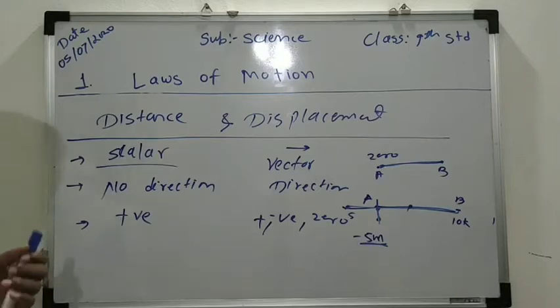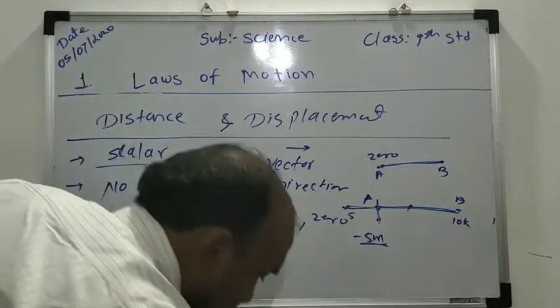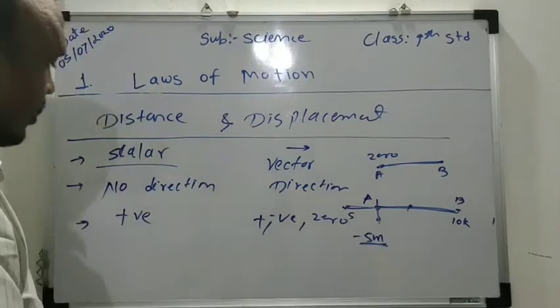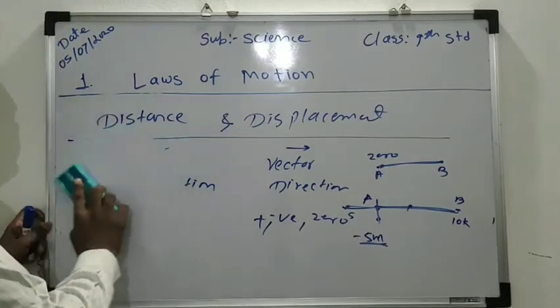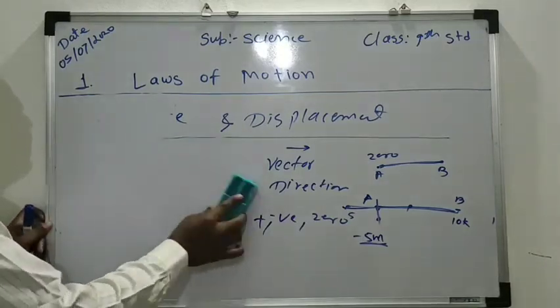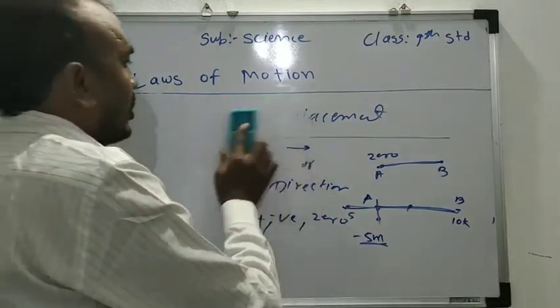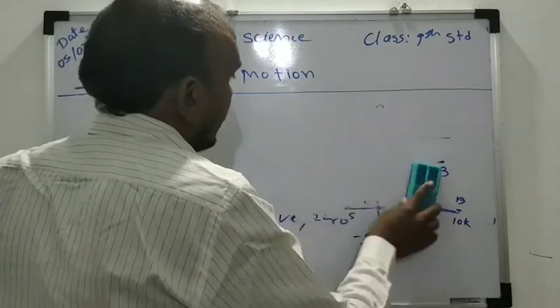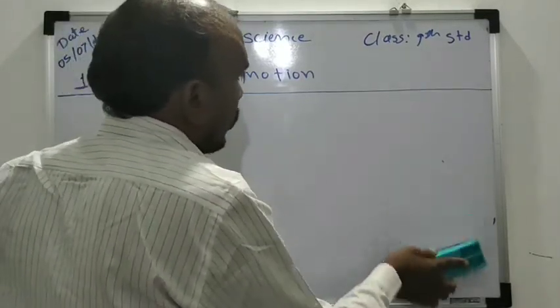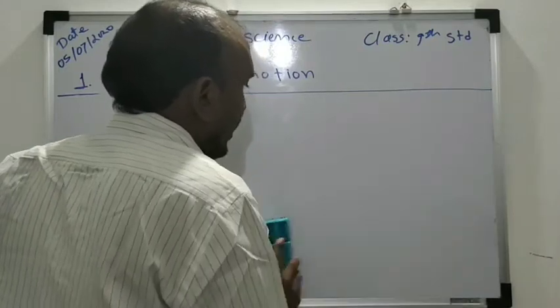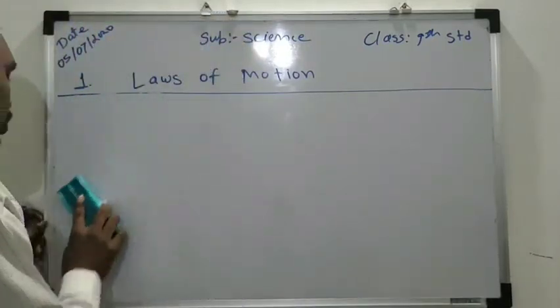So the next topic is speed and velocity. For that purpose you need to know what a vector quantity is and what a scalar quantity is. A scalar quantity doesn't have direction, while a vector quantity needs direction, like east, west, north, south, up, down.